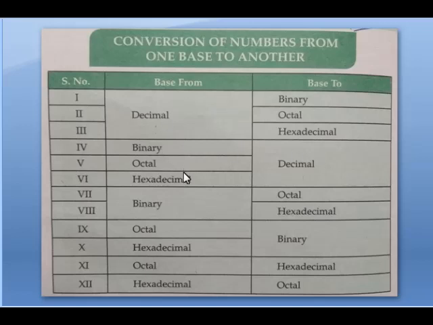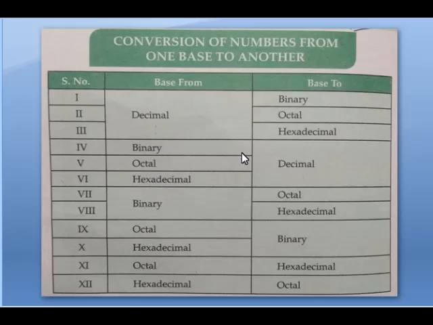Then binary to octal, binary to hexadecimal. Then octal to binary and hexadecimal to binary. Then octal to hexadecimal and hexadecimal to octal. So we are able to convert one base to another. Okay.